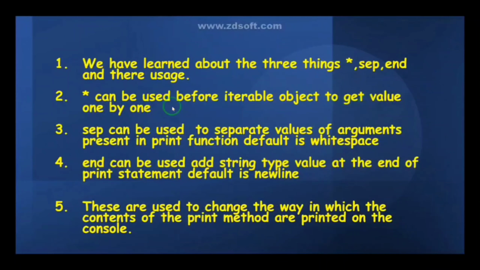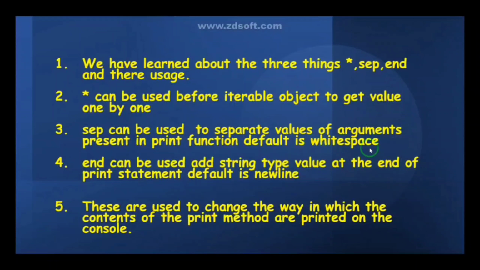Second, separator can be used to separate values of arguments present in the print function. The default is white space. Whenever you are not using separator, the default is white space.